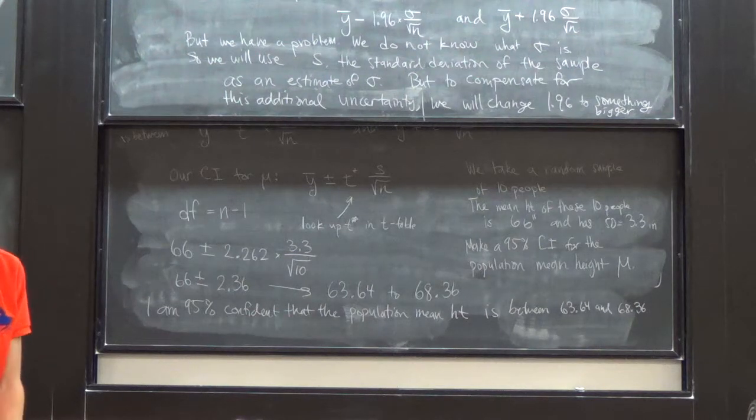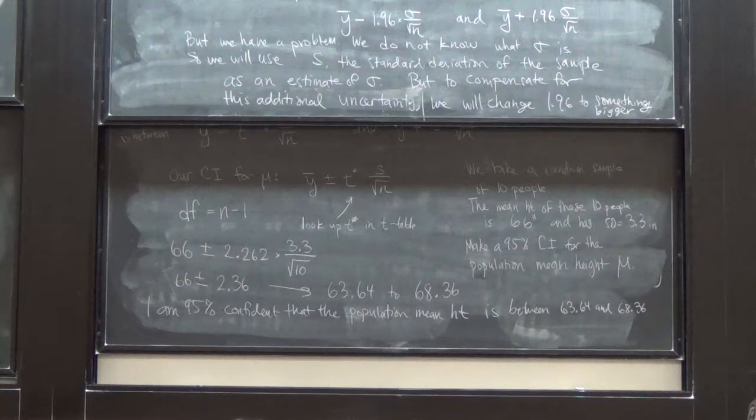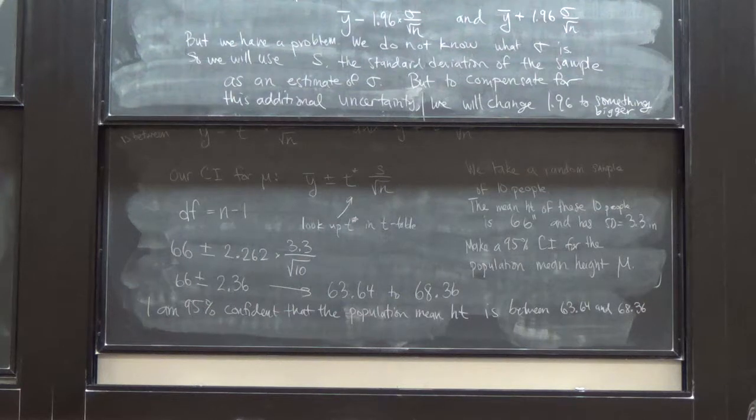How does that feel? Feels okay? So if you take a sample of 10 people, and the mean height of those 10 people is 66 inches, and the standard deviation is 3.3 inches, would we say we have evidence that the mean height is not 67 inches?